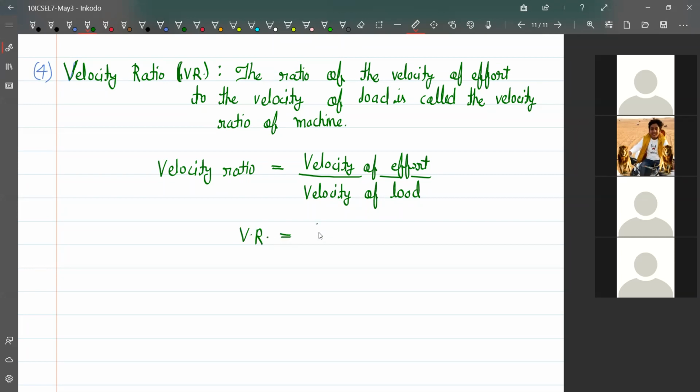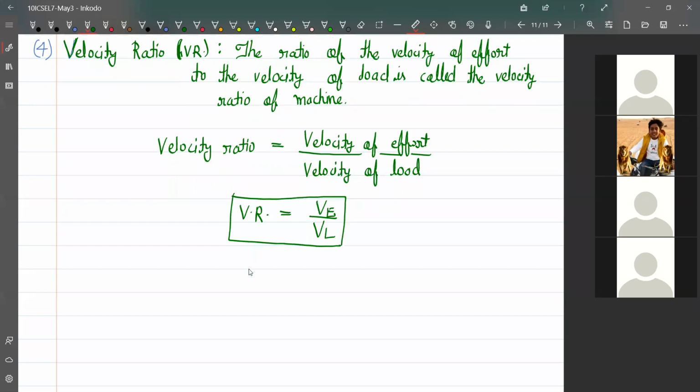Velocity is equal to distance upon time.